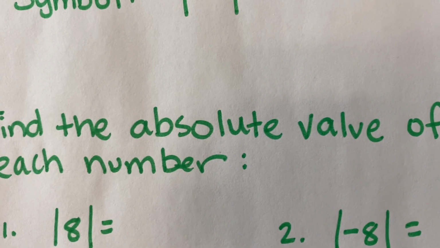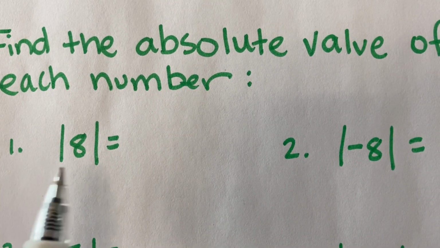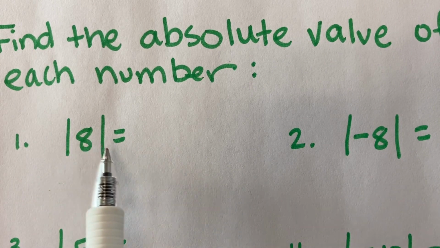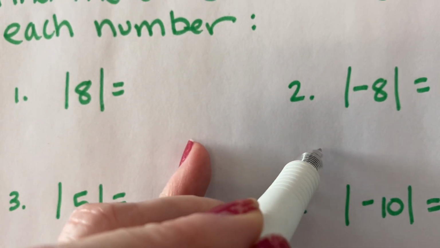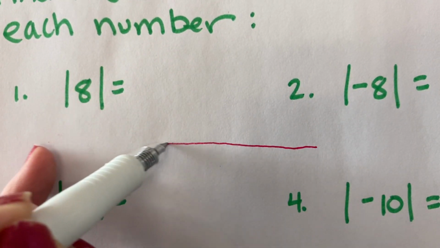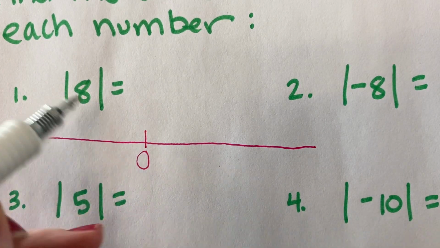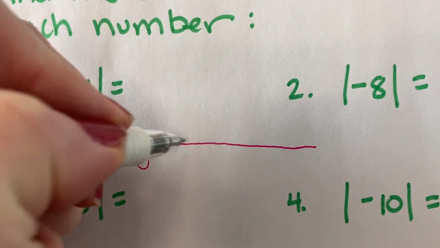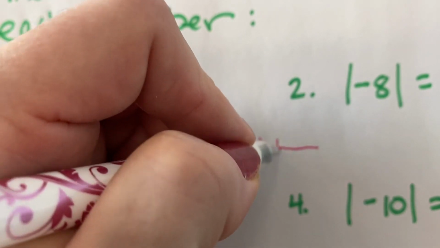Find the absolute value of each number. Okay, you ready? So if you have two of these bars with an 8 in between, this is what they want you to find. They want you to think of a number line, and place 0 on it, and then go to this number 8. Are you ready? 1, 2, 3, 4, 5, 6, 7, 8.